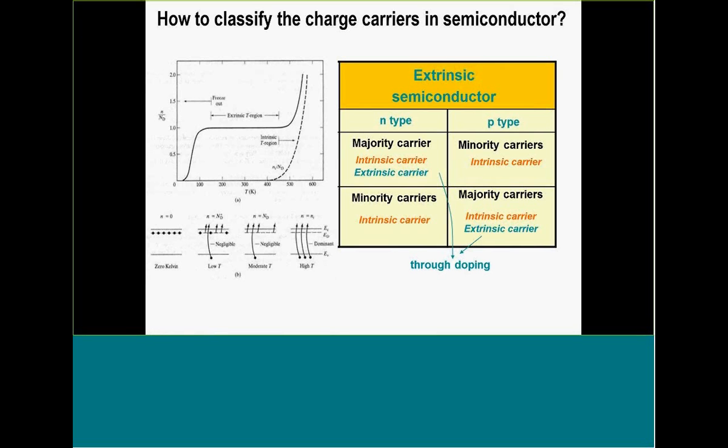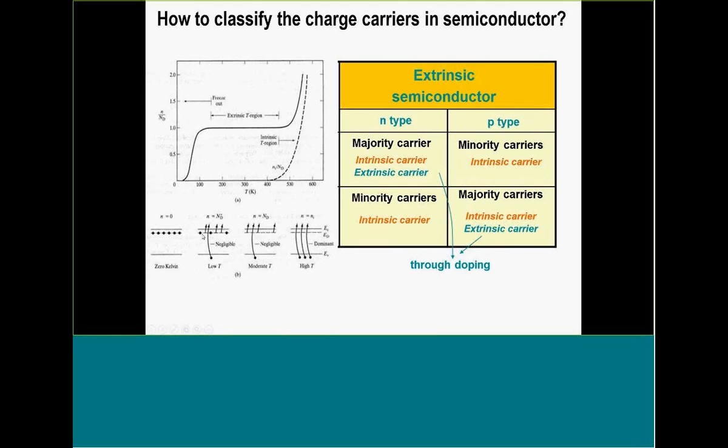But at low temperature, some of the electrons at this donor level are able to jump to the conduction band, so what is left behind are holes here. So we are going to have our extrinsic region, at low temperature.